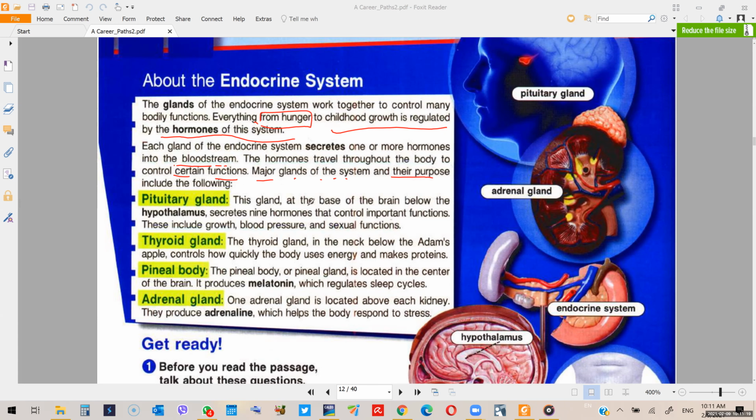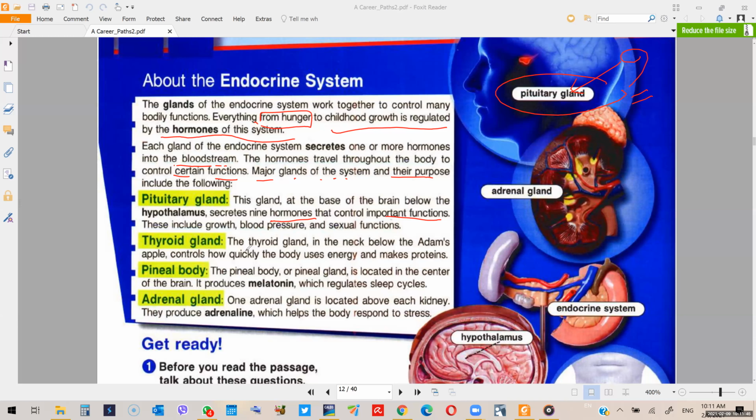This gland at the base of the brain, this is the place of the gland, below the hypothalamus, secretes 9 hormones that control important functions. So only this gland produces 9 hormones. And these include growth, blood pressure, and sexual functions.